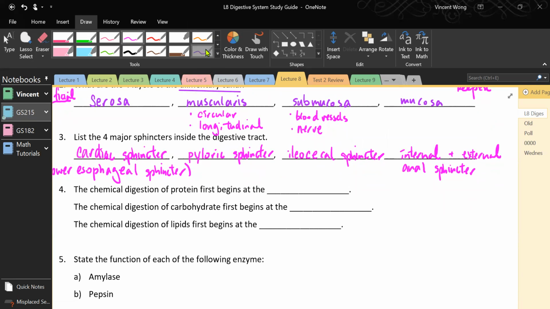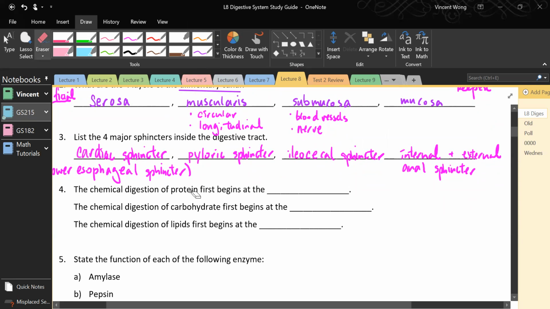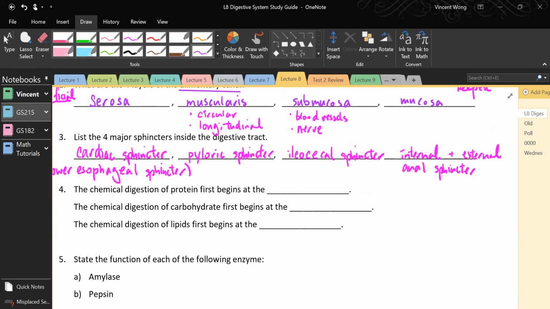Question number 4. The chemical digestion of protein first begins at the, can someone tell me where does the chemical digestion of protein first begins? Which part of the GI tract do we first chemically break down protein?